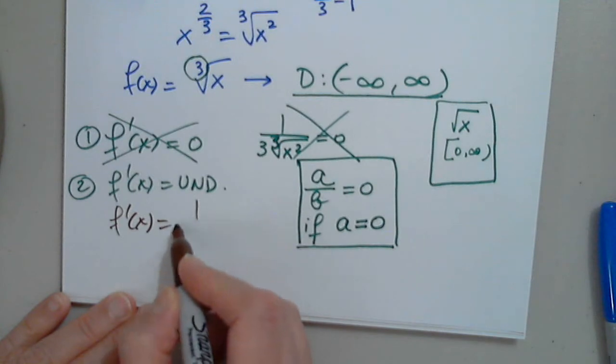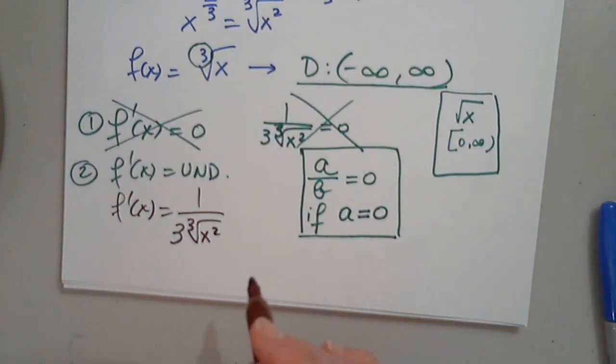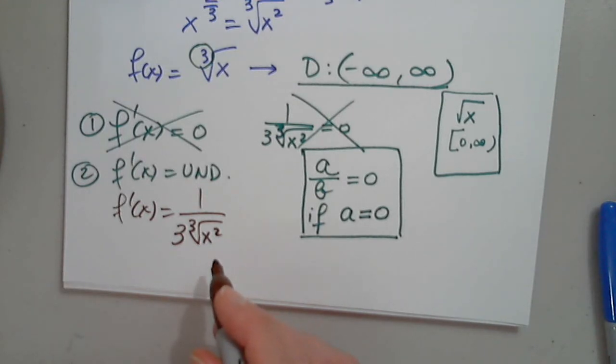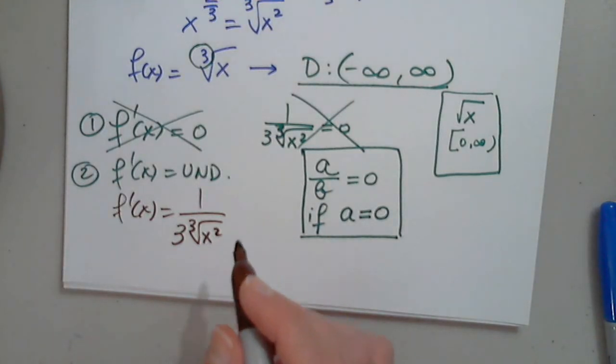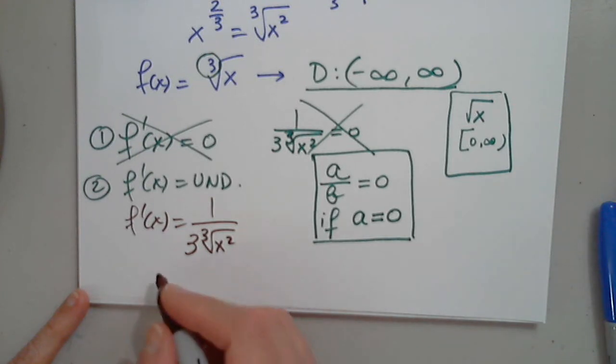Now I go back to the derivative, and I'm asking, is this function f prime of x, 1 over 3, the cube root of x squared, ever undefined? And x equals 0. Yes.